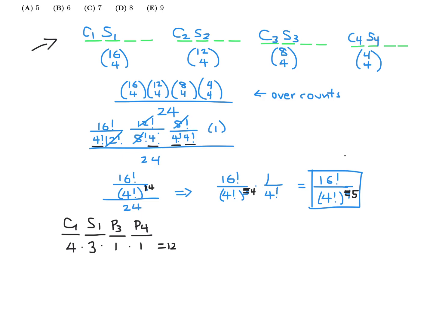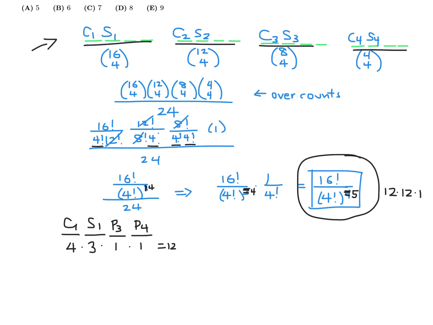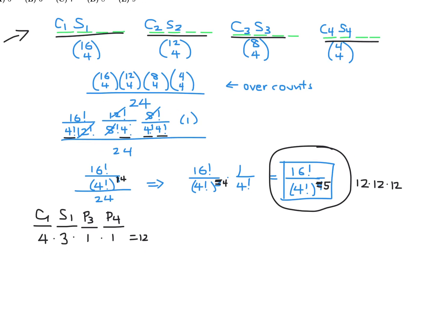So this whole thing needs to be multiplied by 12 for each of these: 12 for this, 12 for this, 12 for this, and 12 for this. So 12 times 12 times 12 times 12. Hopefully that made sense, and that is our final answer.